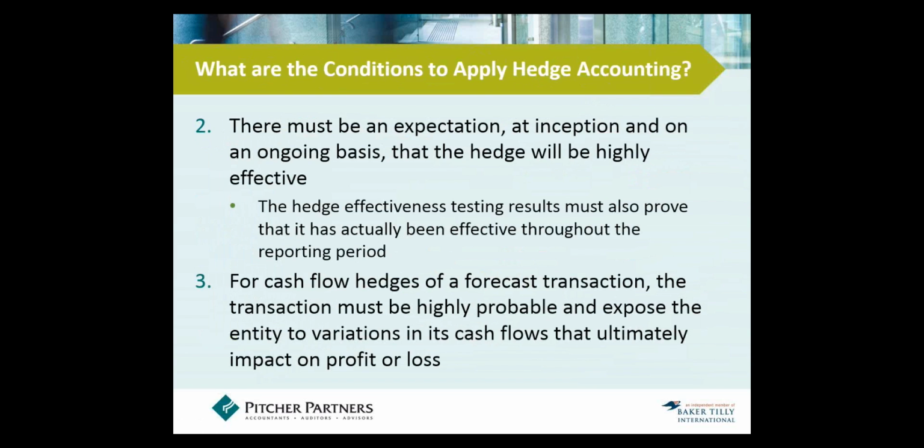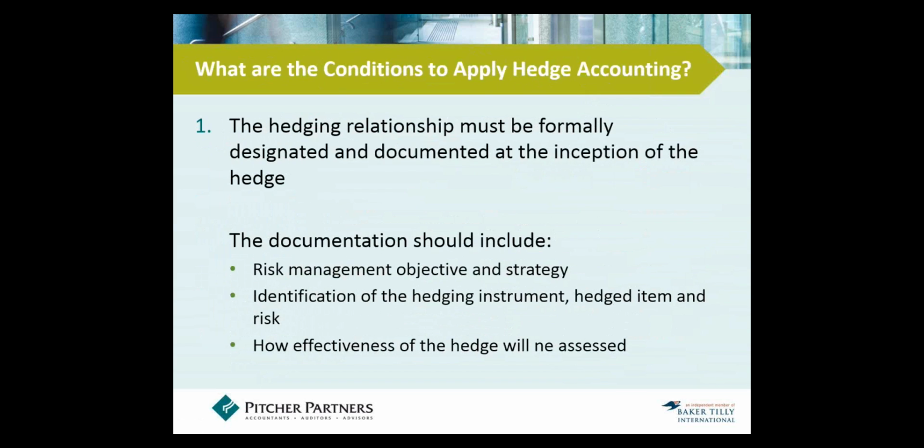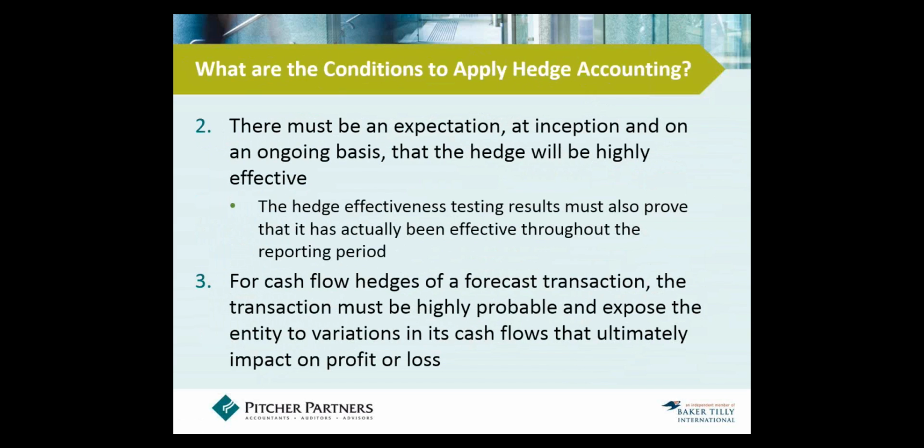So we have to do hedge effectiveness testing at each reporting date in order to continue to be able to use hedge accounting. So if you go back to the previous slide, you have to state right up front in your documentation how you are going to test hedge effectiveness. And then every reporting date you have to perform that test in order to continue with the privileges around hedge accounting.